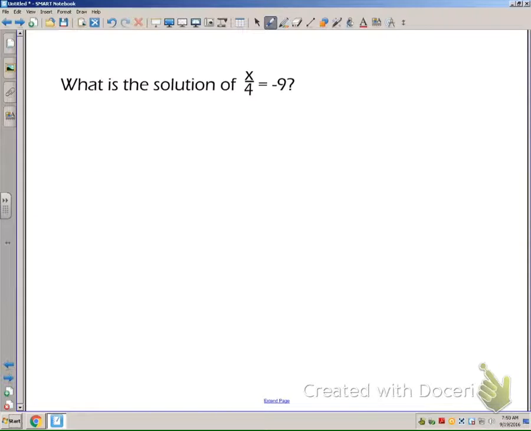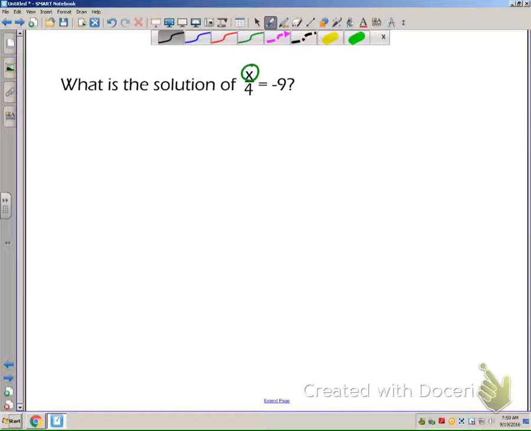Okay, what is the solution of x divided by 4 equal to negative 9? Once again, I'm going to find my variable. My variable is x. What is happening to x in this problem? Well, x is being divided by 4. So the inverse operation of division is multiplication.